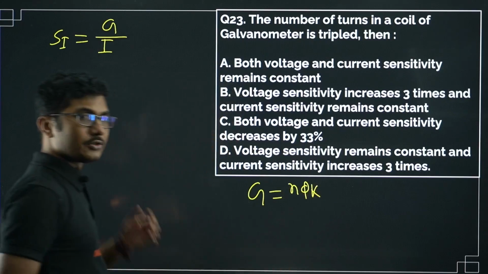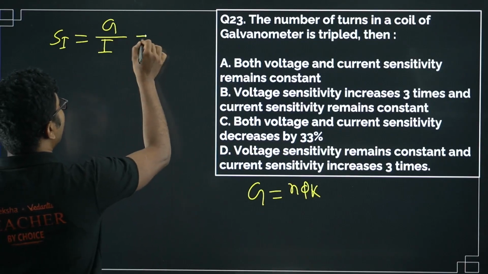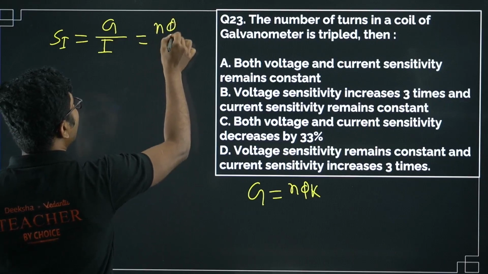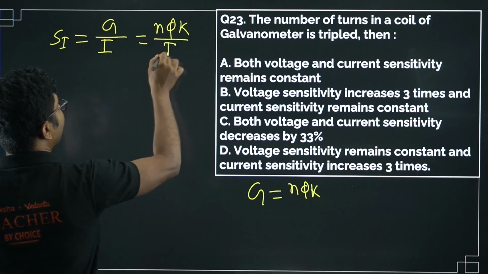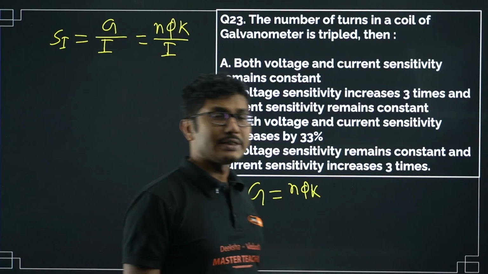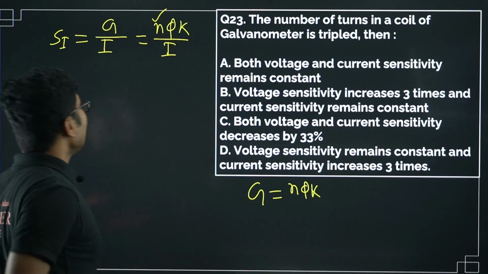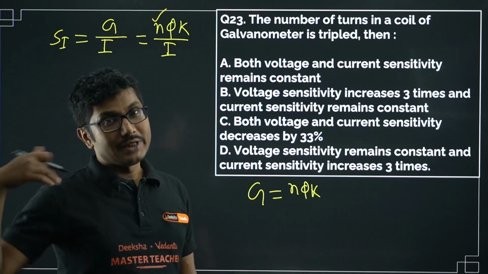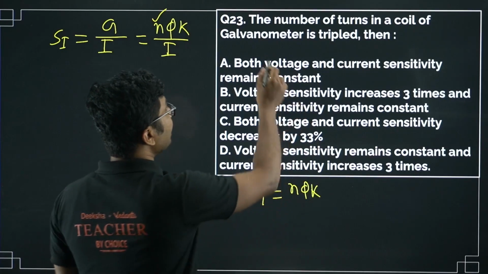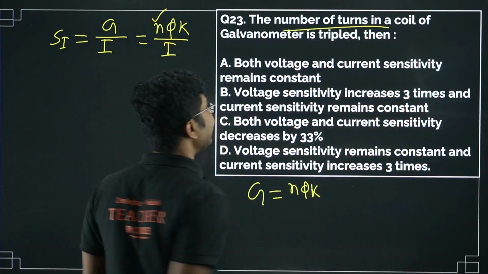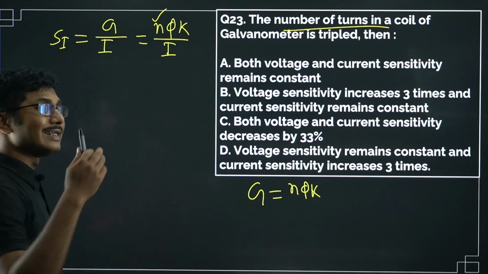This is the galvanometer constant. So definitely it is proportional to the number of turns. If you increase the number of turns 3 times, current sensitivity increases 3 times.